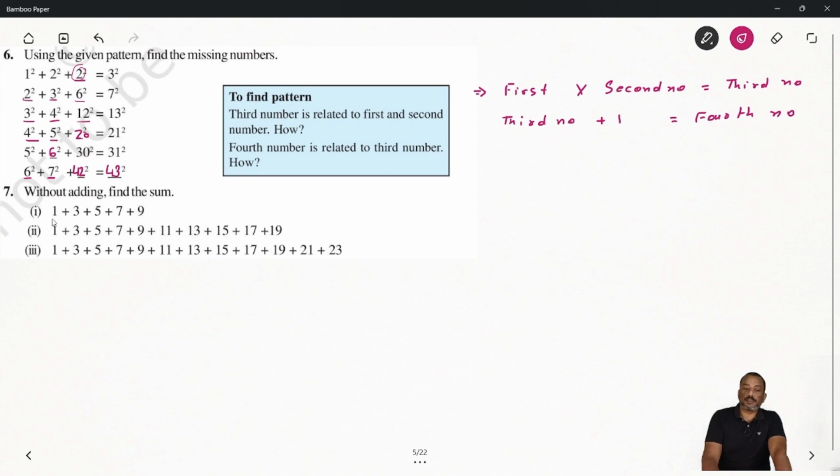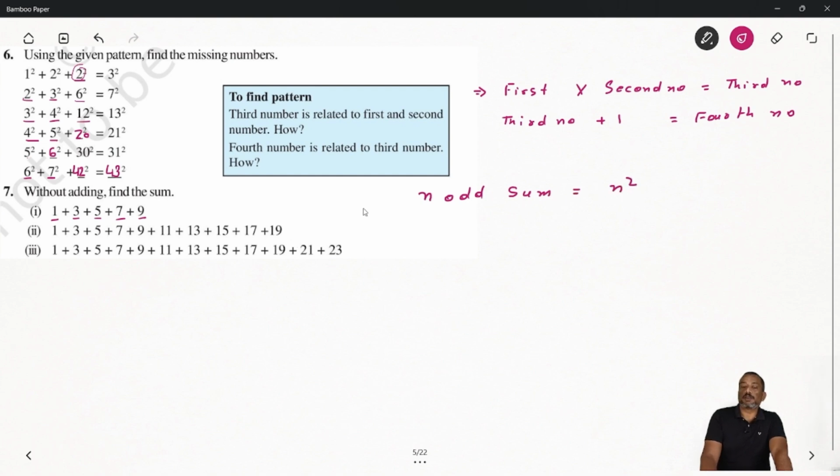Here, how many numbers have we taken? 1, 2, 3, 4, 5. So 5 odd numbers we are taking a sum of. So remember, the sum of n odd numbers is equal to n square.